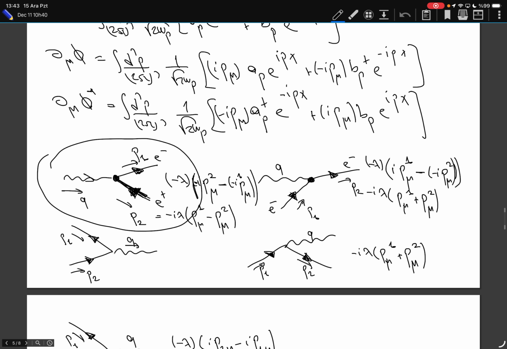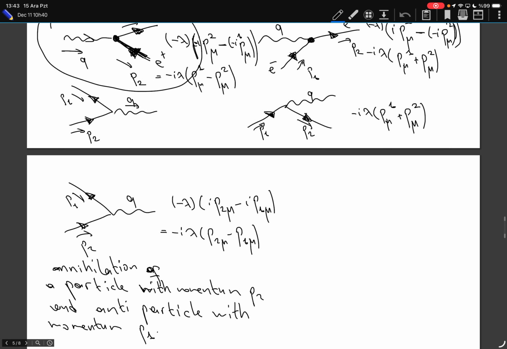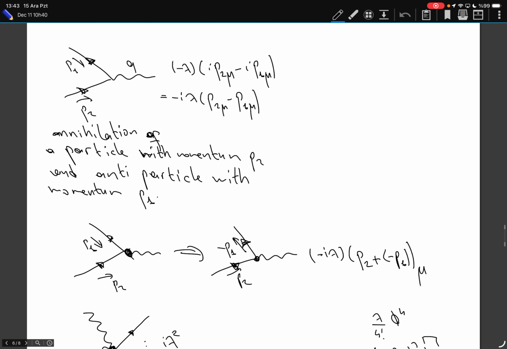And then we had seen that if you take any vertex, and you make sure that the momentum flow and the particle number flow are in the same direction, meaning that you have the freedom of changing the direction of any momentum, as long as you also change the momentum to minus itself, like here.